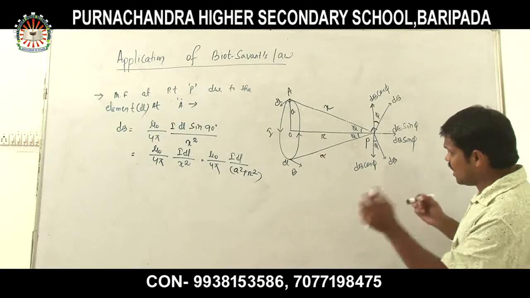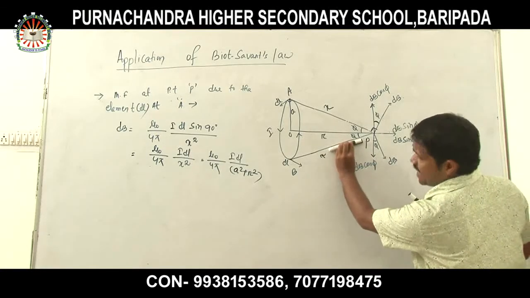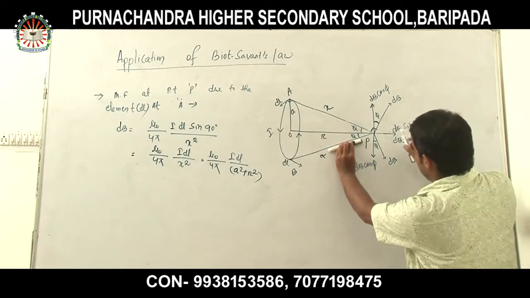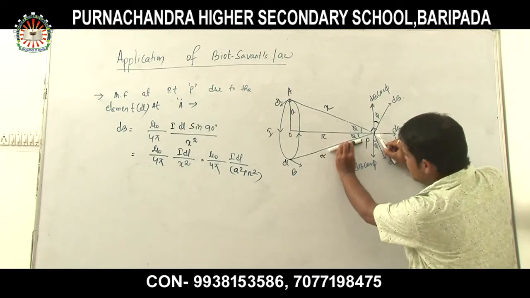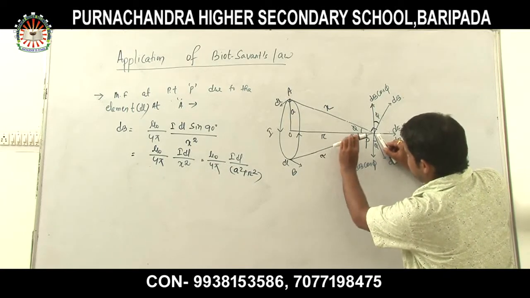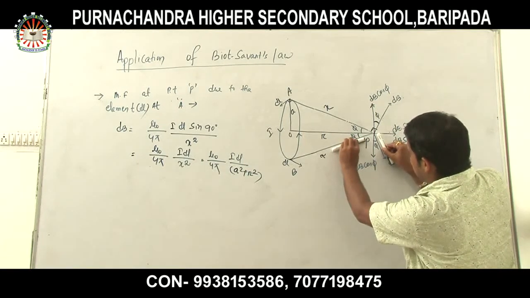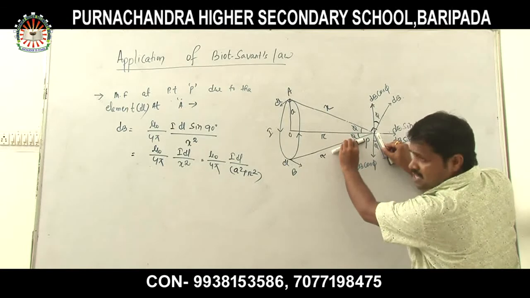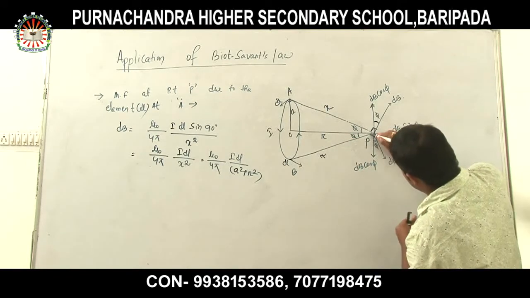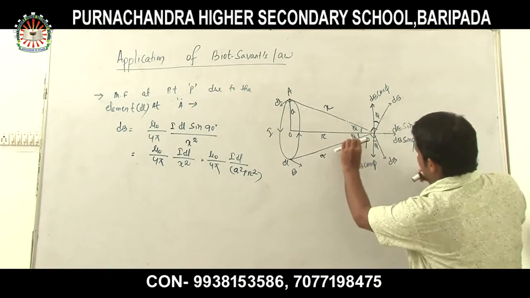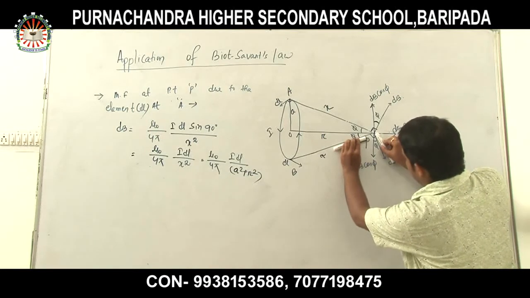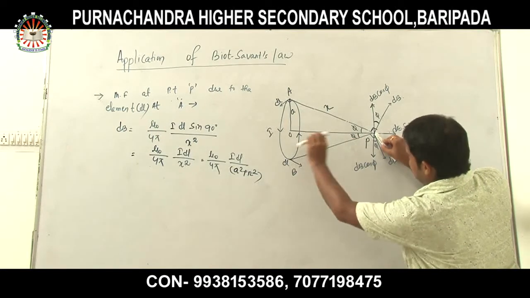Okay. Again I will repeat. This is x, this is dB. The angle between this x and dB, how much? 90 degrees. So now I have to rotate it to merge with this center.